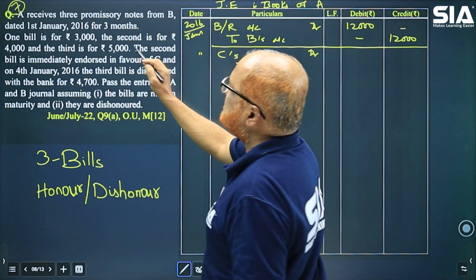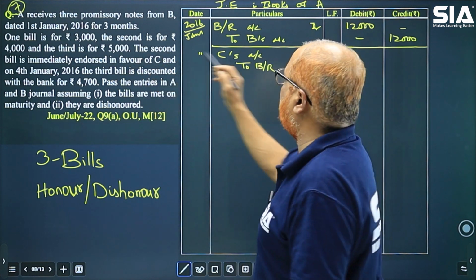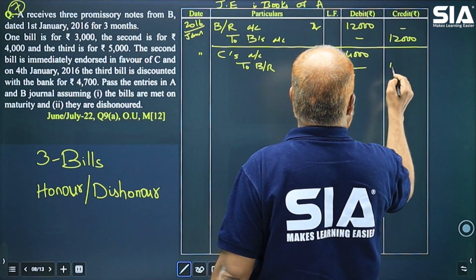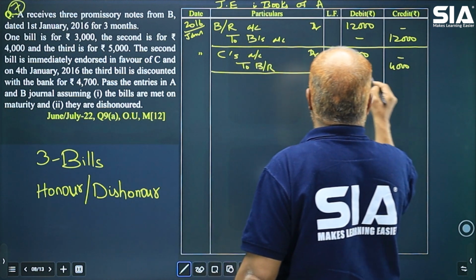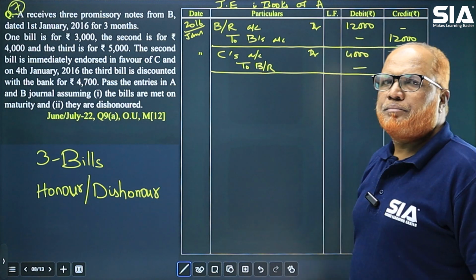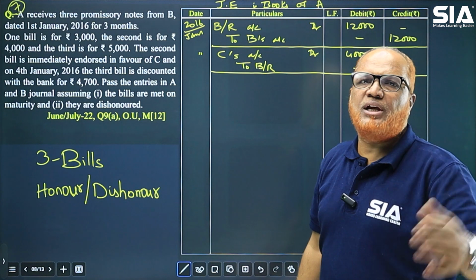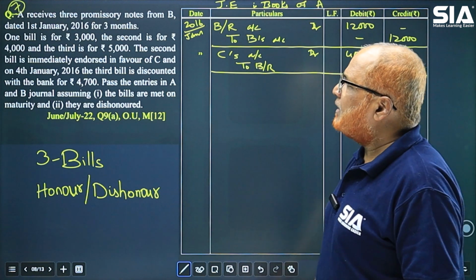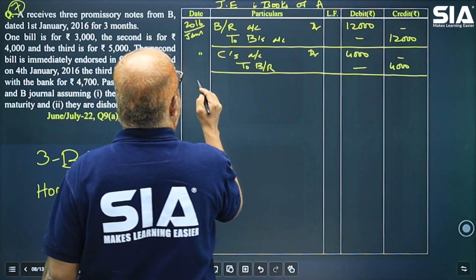What is the value of the second bill? It is 4,000. First bill 3,000, second bill 4,000. So this 4,000 bill has been endorsed to C. Now narration. Being the second bill of 4,000 endorsed in favor of C. That's all.